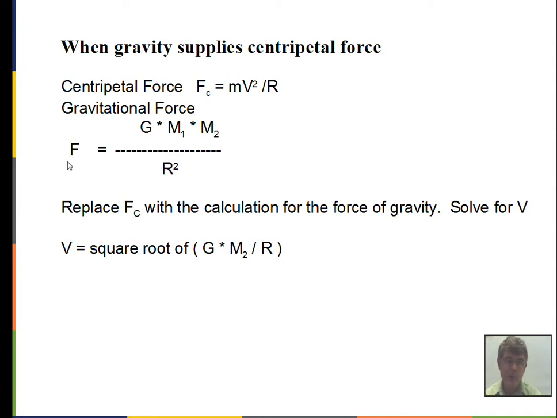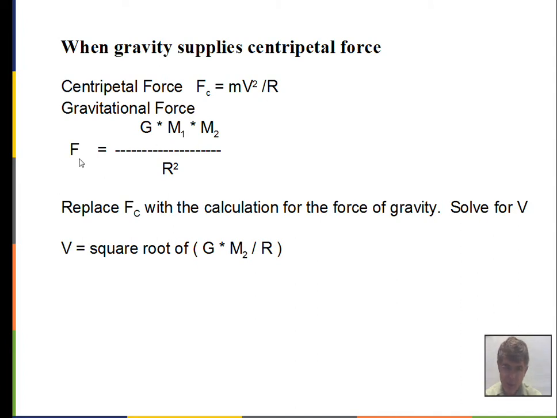So back to orbits. For objects orbiting the Earth or objects orbiting the Sun, for our purposes in this course, we're going to take them to be circular orbits. So we will use the results of uniform circular motion, and this force towards the center caused by gravity of the Earth on a satellite around the Earth, or gravity of the Sun on some object moving in a circular orbit around the Sun. Of course, that centripetal force is the mass of the object that's moving times its centripetal acceleration, v squared over r.